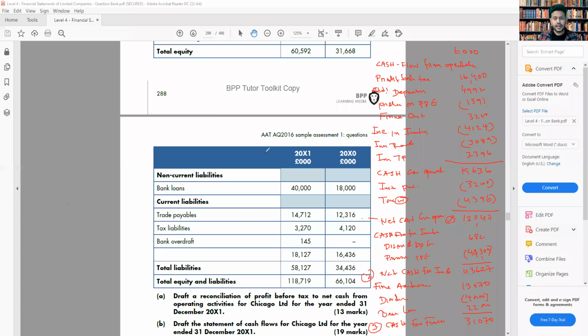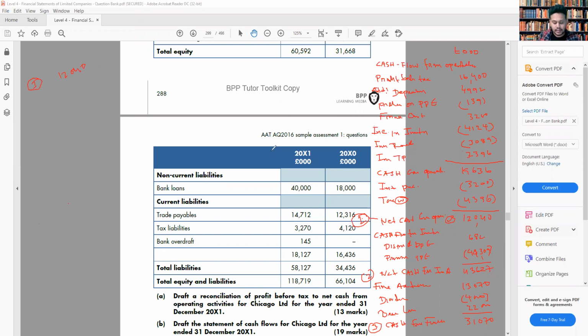So what we have here, three things. Number one, the cash flow from operating activities, then we have cash flow from investing, then financing. So operating, investing, and financing. So what we will do, we have number one, that is 12,040. I'm writing here because we don't have a space there.